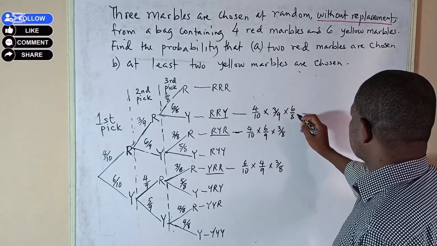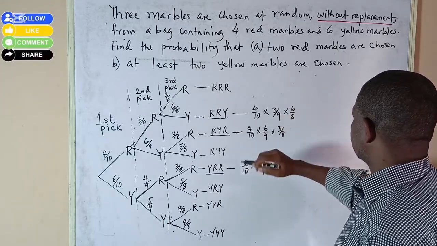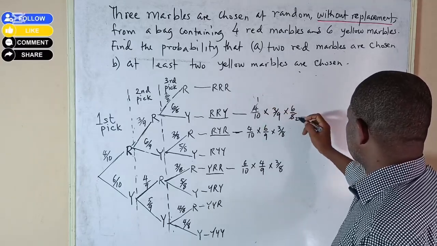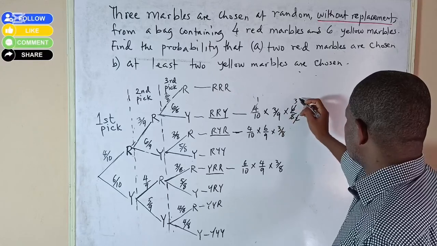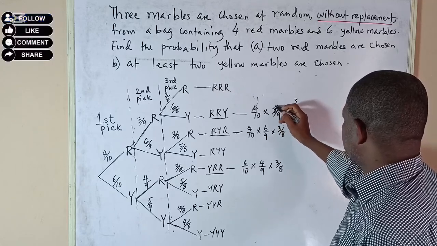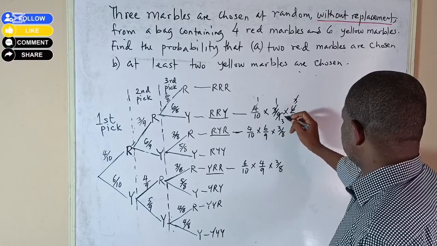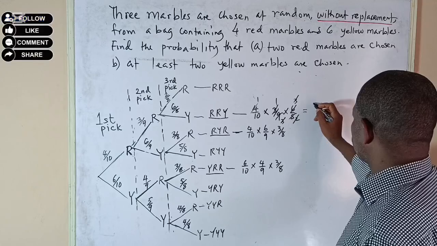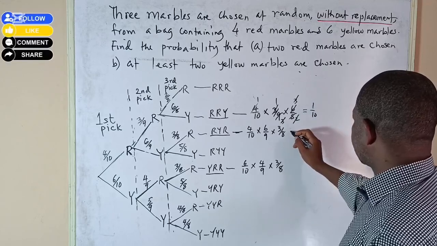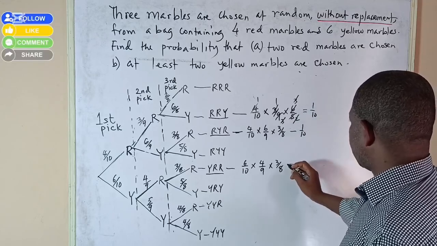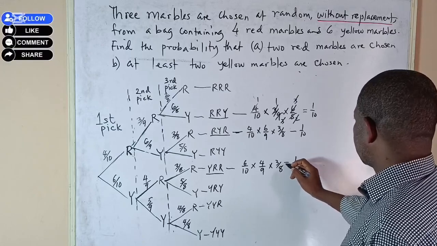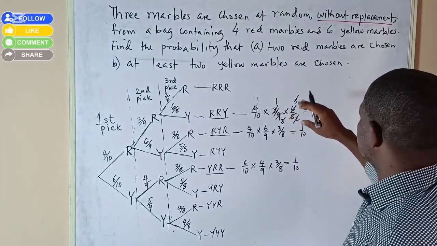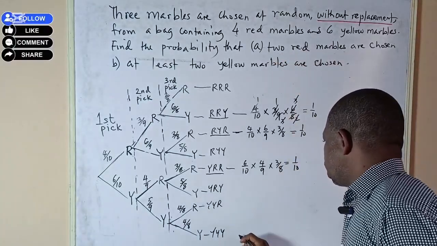Let's solve one out. 4 here will be 1, here will be 2, 2 here will be 3, 3 here will be 1, here 3, 3 here 1, 3 here 1. So our answer here is 1/10. It means that this is also 1/10, and this is also 1/10.